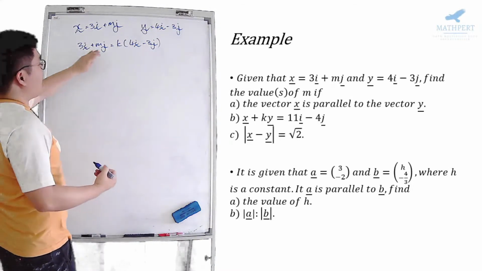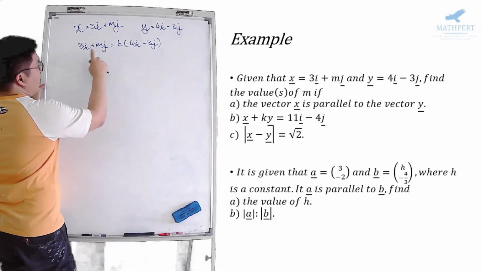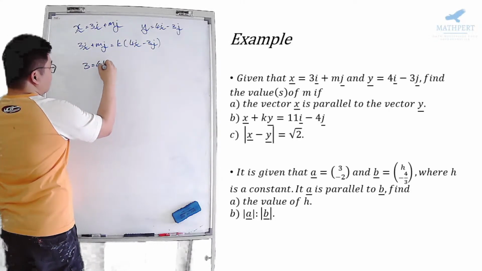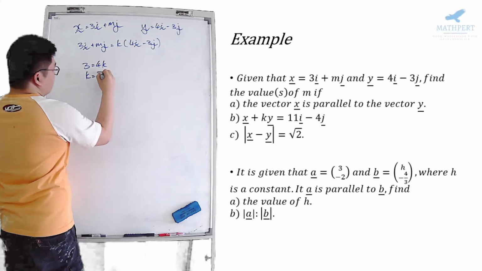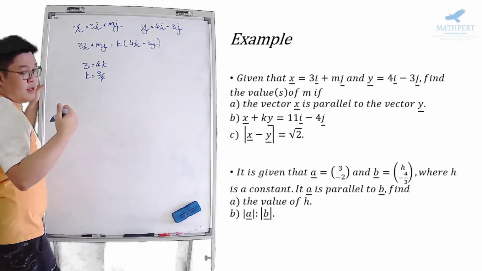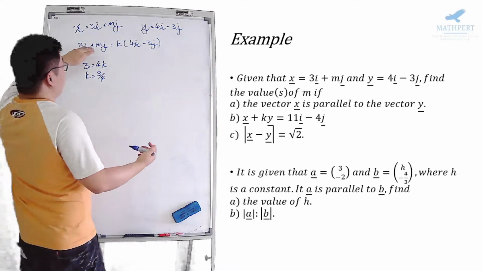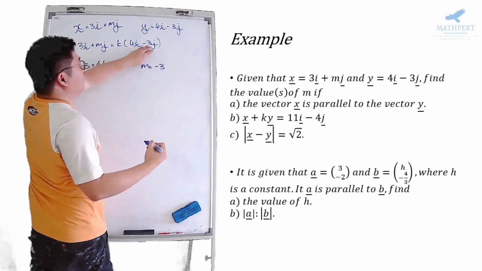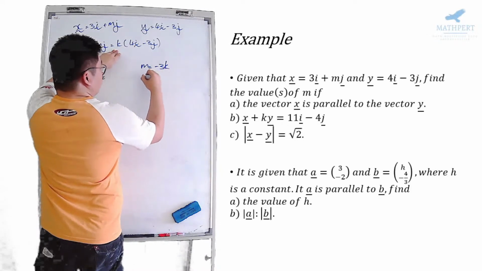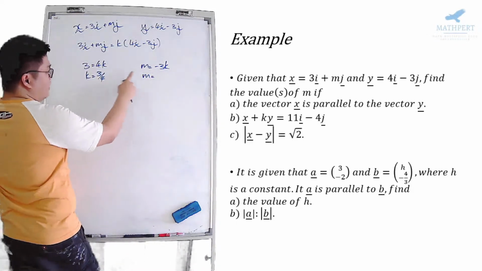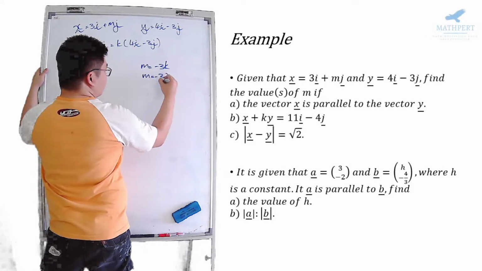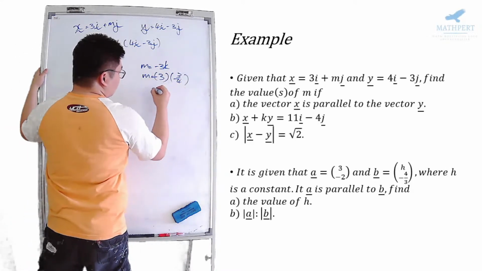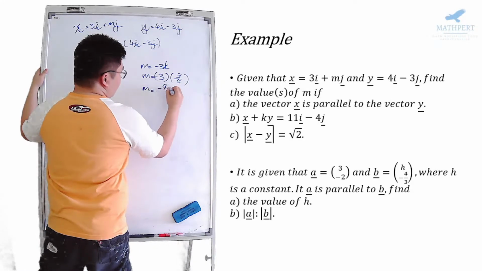Alright, so by comparing i and i, j and j, I get 3 equals to 4k. So k is equal to 3 over 4. But we are asked to find m, right? So m is equal to minus 3 multiply k. So m will be equal to minus 3 multiply k, k will be 3 over 4. m will be equal to negative 9 over 4.